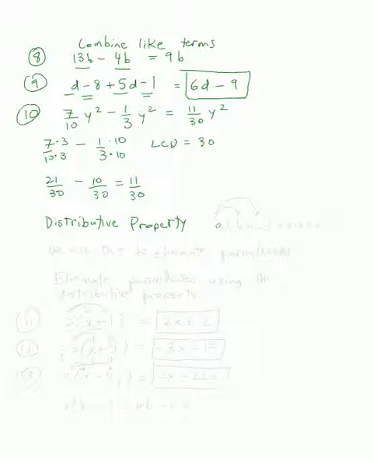So the distributive property says that a number times a sum is equal to the number times the second plus the number times the third. We can almost just think of the a as being distributed to both of these terms being added.